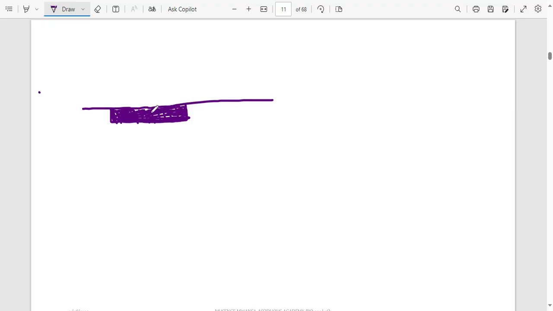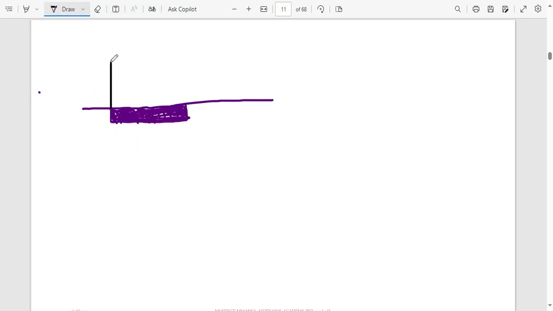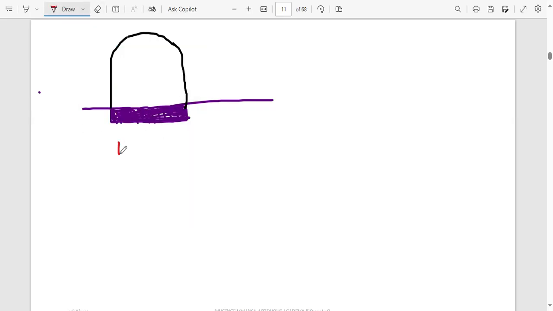But I want you to notice what is happening. Here is our large ribosomal subunit. Okay. And then here is our E site. Here is our P site. Here is our A site.